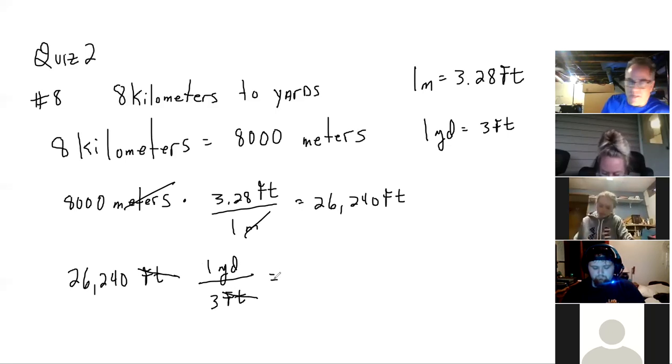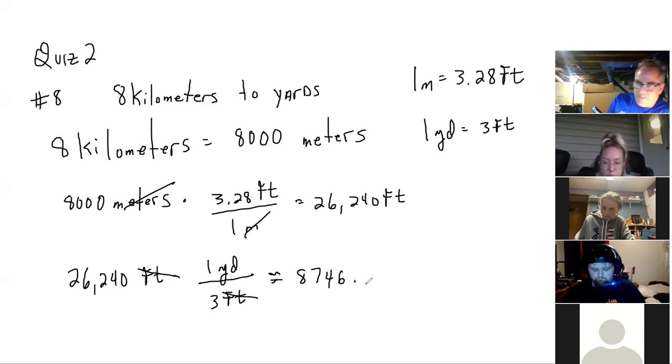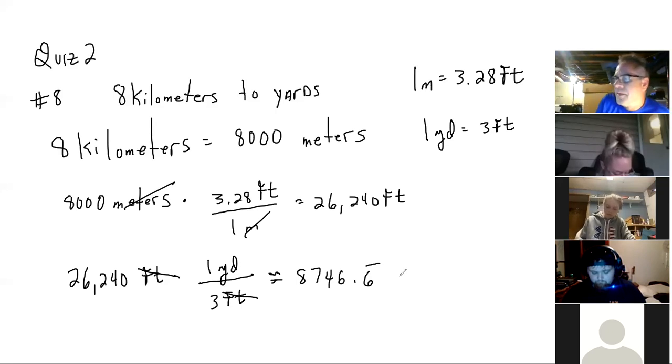Now, this is where I had the issue, and that's why I was pausing for a second. According to my calculator, this comes out to 8,746.6 repeating. And that's where I've got my issue.